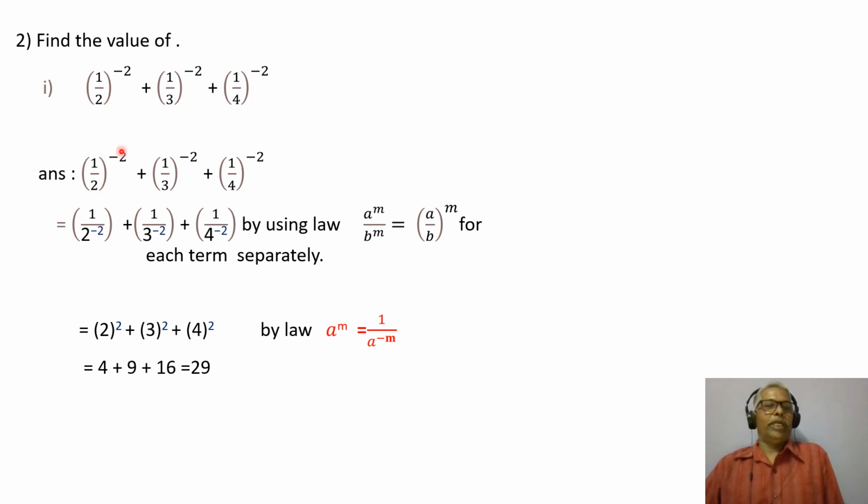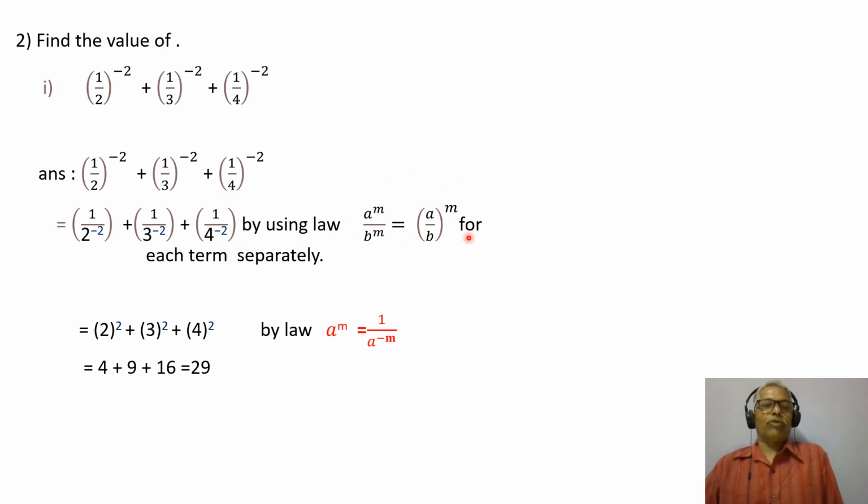The answer: write the whole thing like this, and then by using this law A raised to m upon B raised to m equal to A upon B the whole raised to m, our number is in this form and we have to write it in this form. Numerator raised to the power and denominator also raised to the same power. As the numerator in all the cases is 1, minus 2 will not make any difference, that will be 1 only.